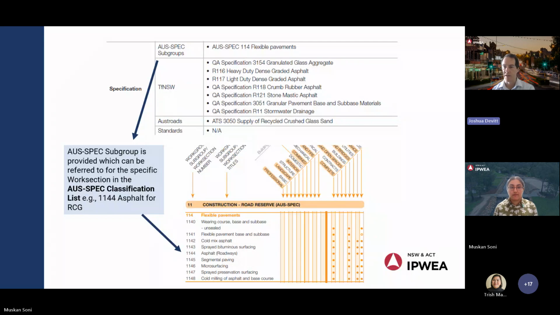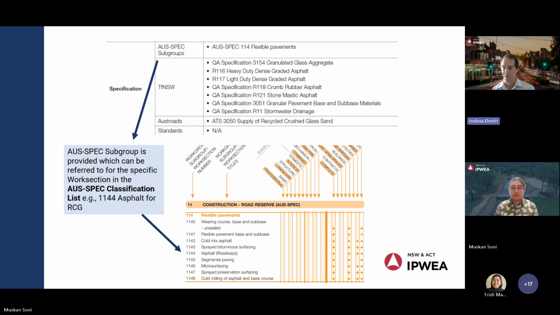The next one's calling out the specifications. As I mentioned, we've got those four groups that we're referring to: OSPEC, Transport, Roads, and any particular standards that are relevant. You can see there an example of alignment with the OSPEC subgroup. This is coming from 114 flexible pavements, and just showing the linkages to the relevant specs for those who are OSPEC members.